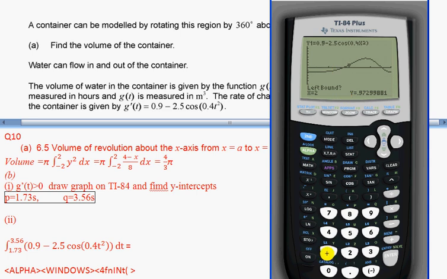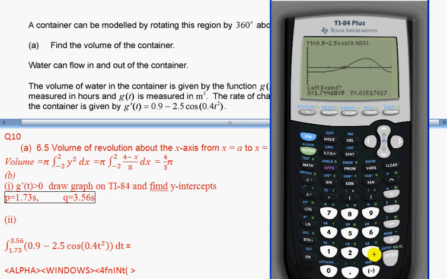Now second calculate, zero again. The second zero is between 3 and 4, so we put 3, enter, and 4, enter. Yes. And the value is 3.56. So we did this exercise.